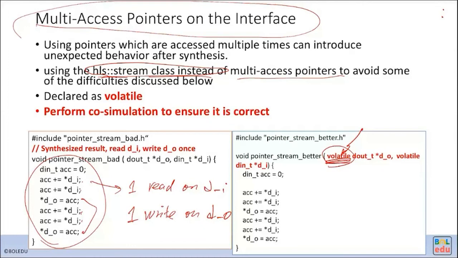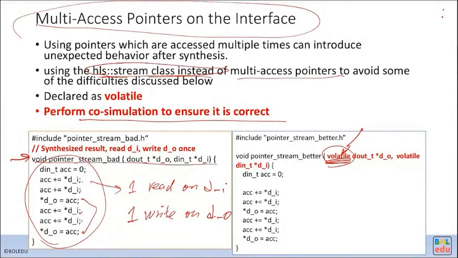And even with these settings, when you do the code simulation, you may still run into problems. Because when you call these functions, they actually read the full data from the DIN array.